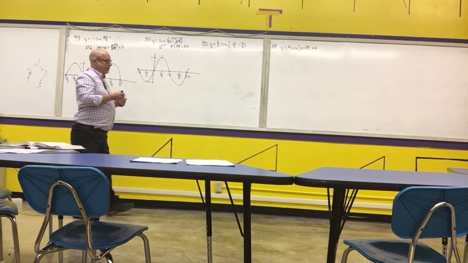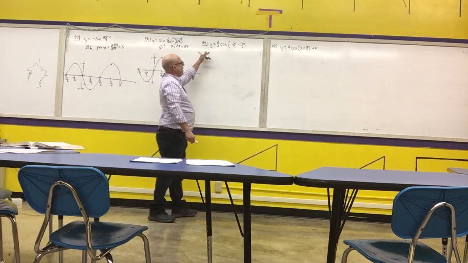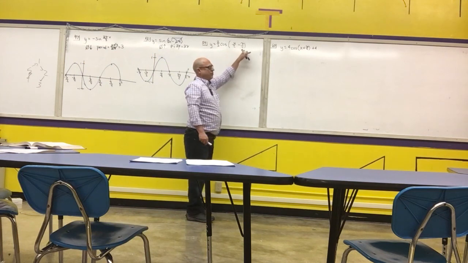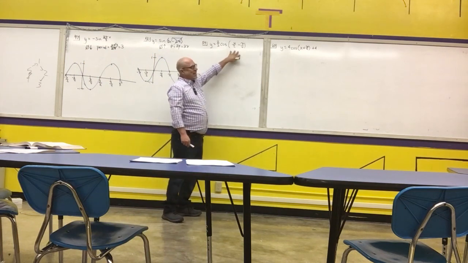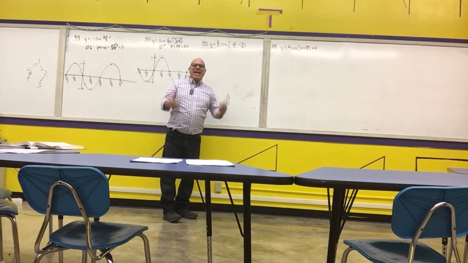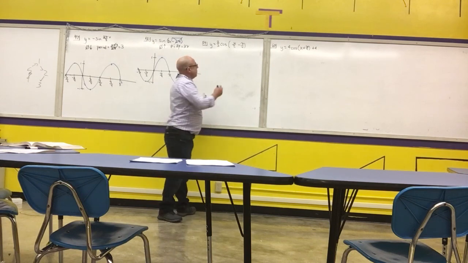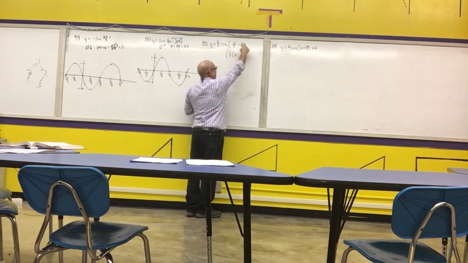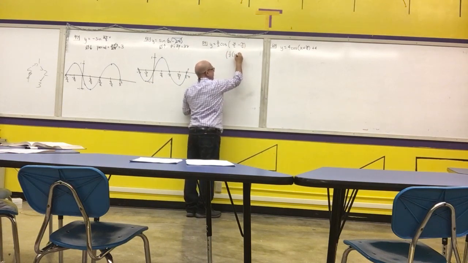Next graph is 59. y equals 2/3 cosine of x over 2 minus pi fourths. So the first thing I need to do to what's inside the parentheses, I need to factor out a 1/2 out of everything, which means divide everything by 1/2. So if I put a 1/2 out here, I'm left with x and negative pi fourths divided by 1/2.